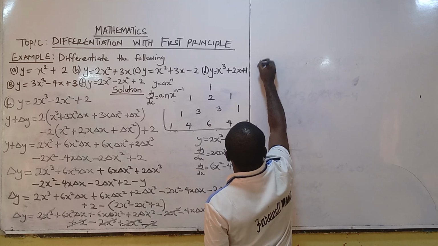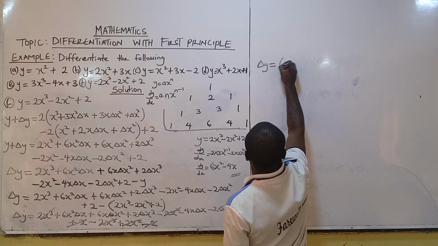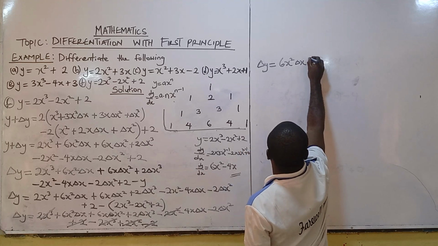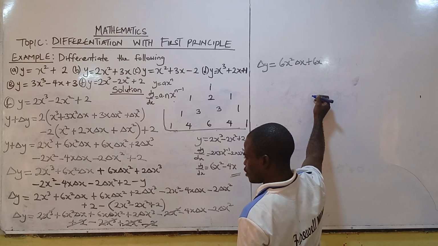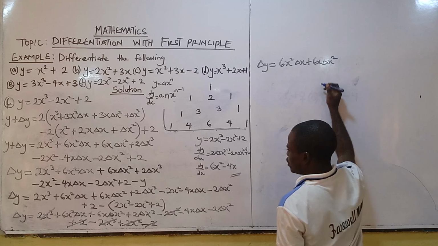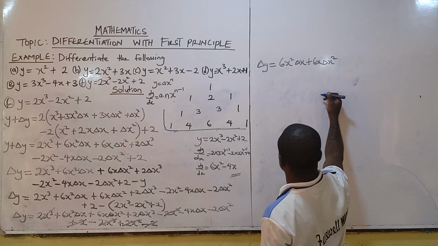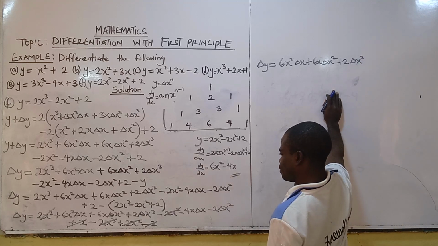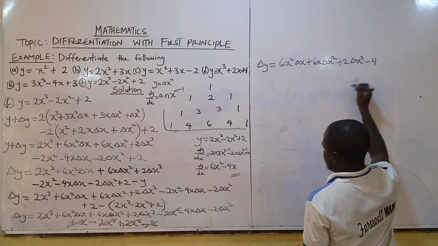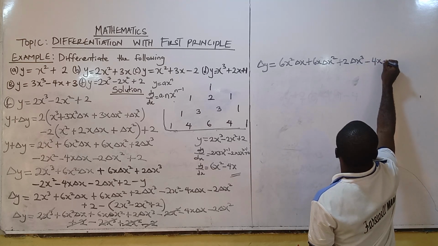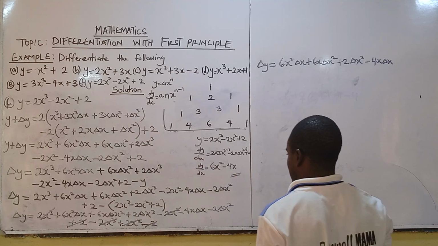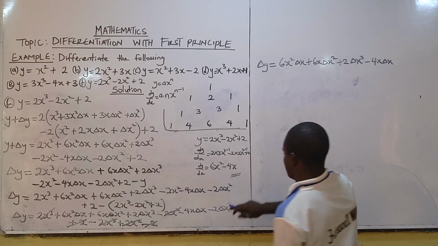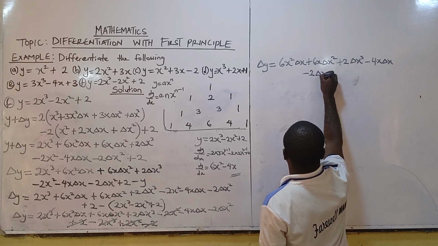We are left with dy equals 6x squared dx plus 6x dx squared plus 2 dx cubed minus 4x dx minus 2 dx squared.